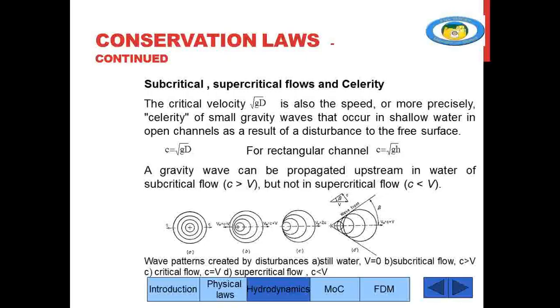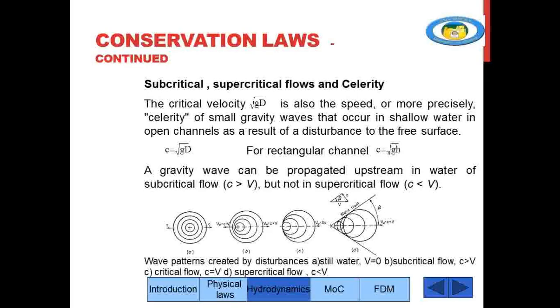In case of still water, the disturbance will propagate in both directions, constant in both directions. Whereas in case of subcritical flow, a large amount of disturbance will propagate downstream in the direction of flow, and a smaller magnitude will propagate upstream, which is V minus C.